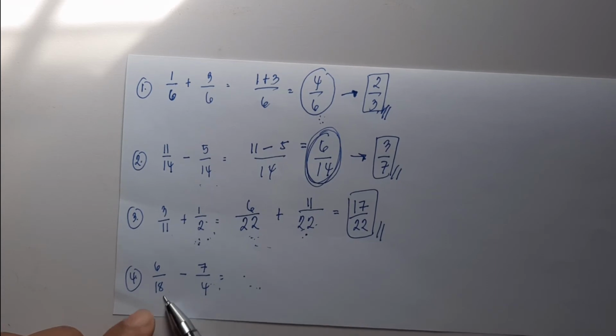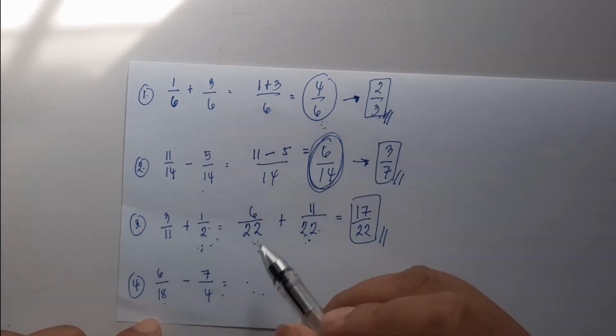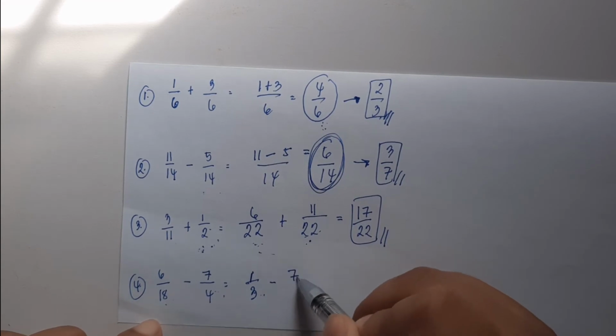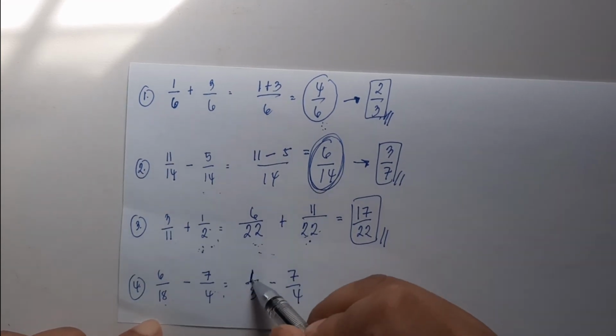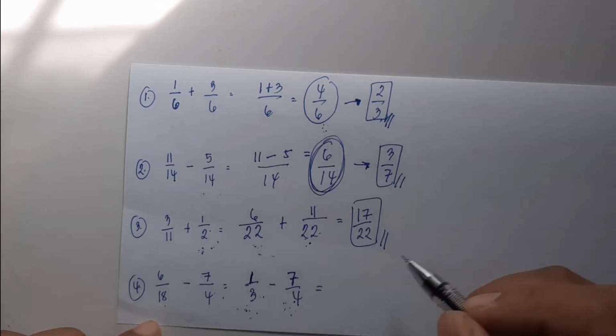Yes. How about 6 over 18? So, unsa may pwede nato ma-simplify sa 6 over 18? We can make it into 1/3, right? And 7 over 4. So now, nahimo na siyang smaller number, so it won't be a difficult task for us to find their LCD. So what do you think is the LCD of 3 and 4?